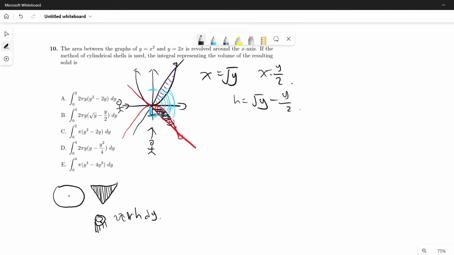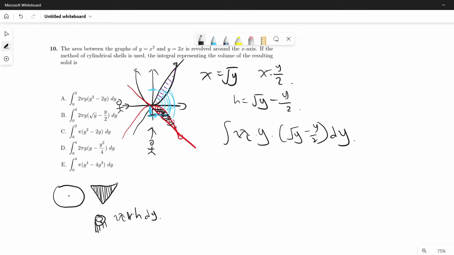So we can then write our integral. Actually, just write the inner part first, times the r, which is y, times the height, dy. Now we've got to get the y limits, right?